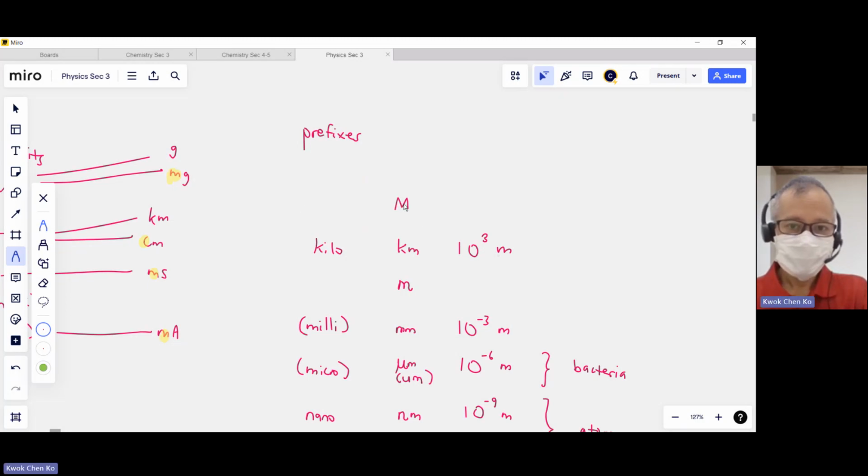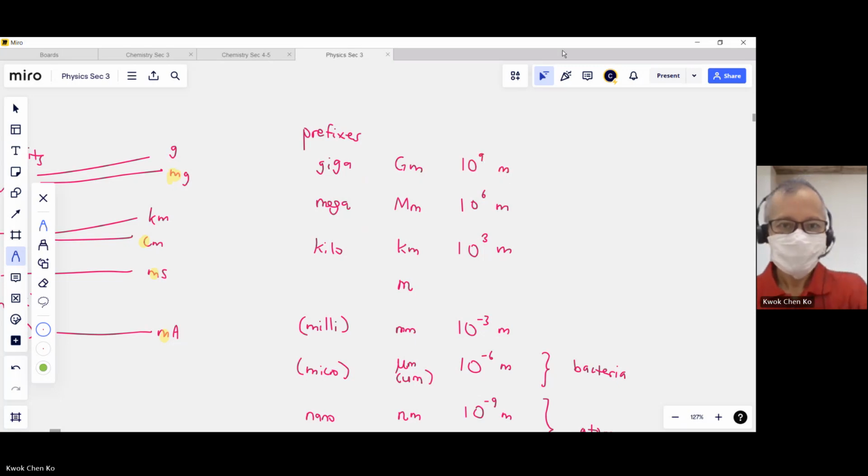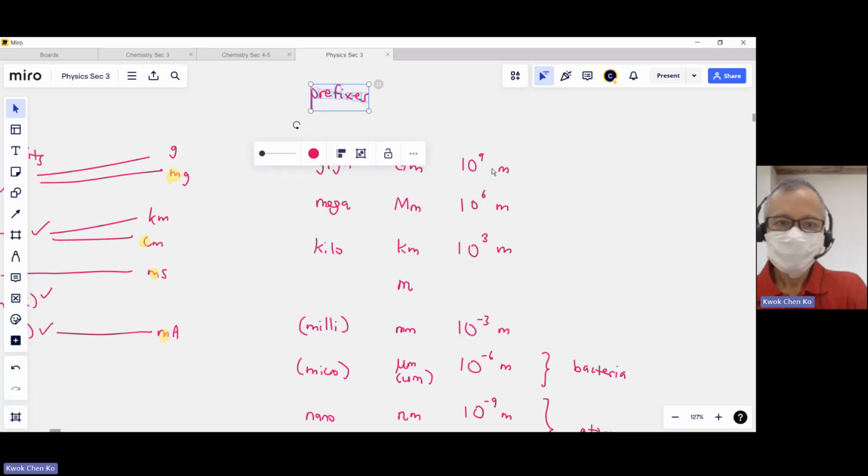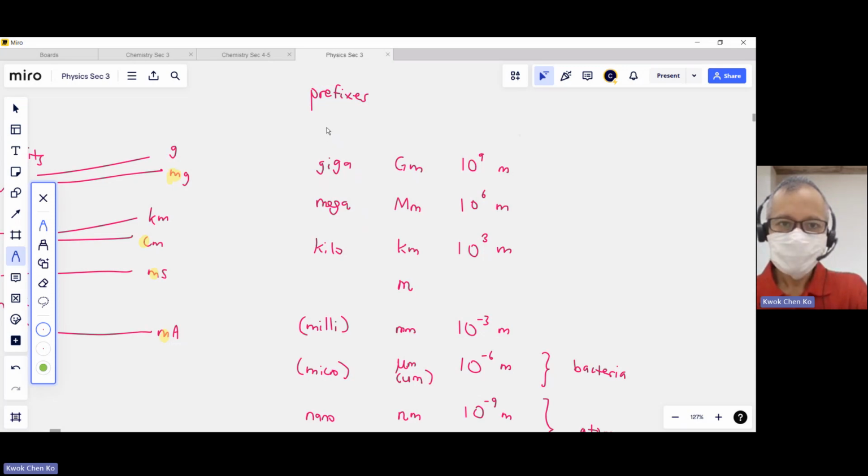Now, differentiate between mega and milli. One is capital M, one is small m. And that makes a difference. So this will be 10 to the power 6 meters. Further out I have giga, that would be G. Make sure I have the meter here too. All right, further out I have tera.